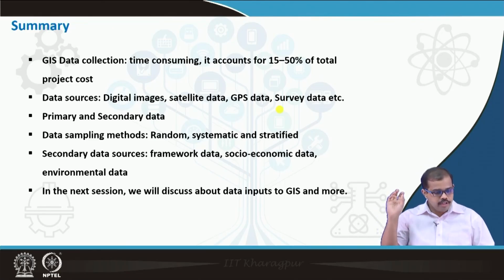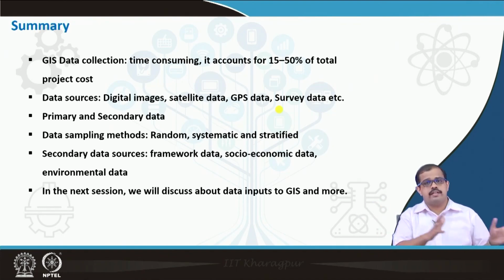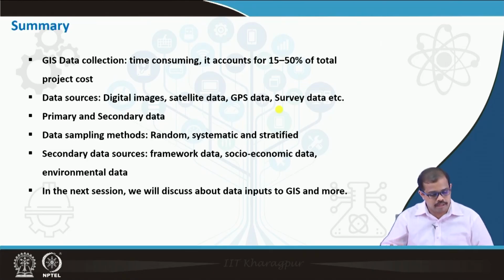We looked at GIS data collection and why it is time consuming. I explained that it may involve about 15 to 50% of the total project cost. Then we looked at the primary and secondary data sources. I have already spoken about a huge number of data sources in my previous lectures, please look at them.